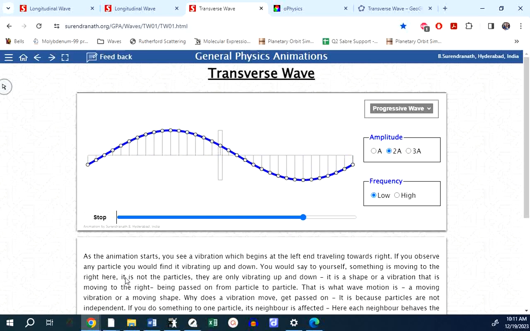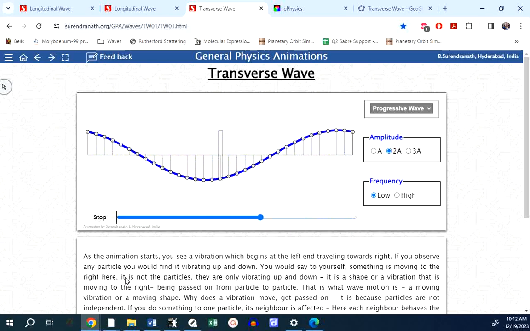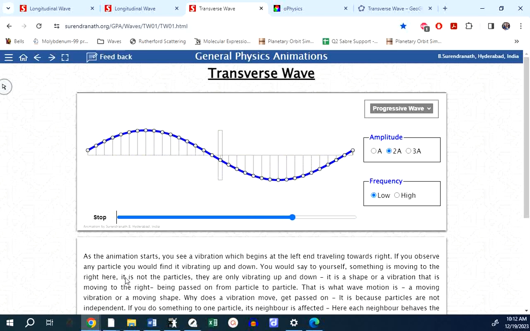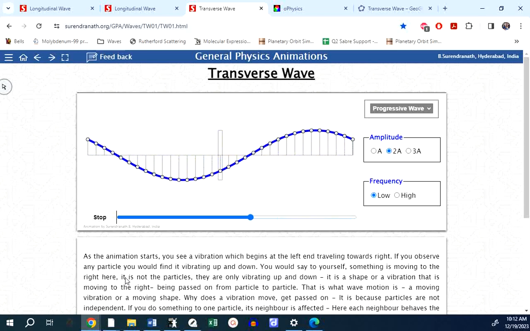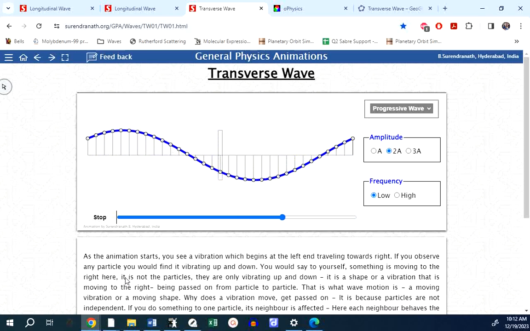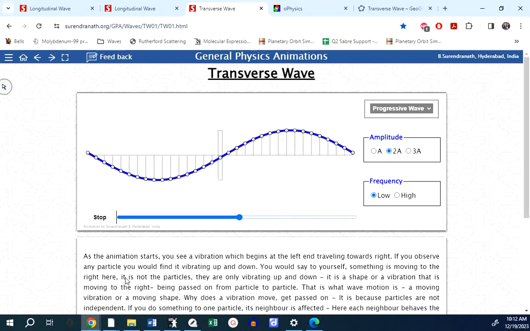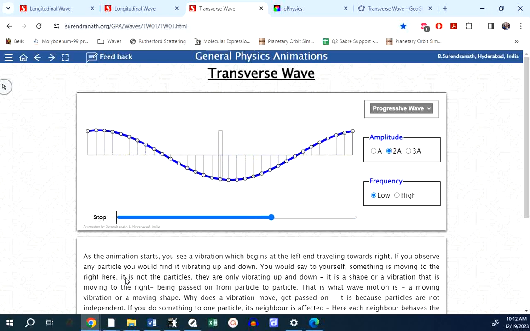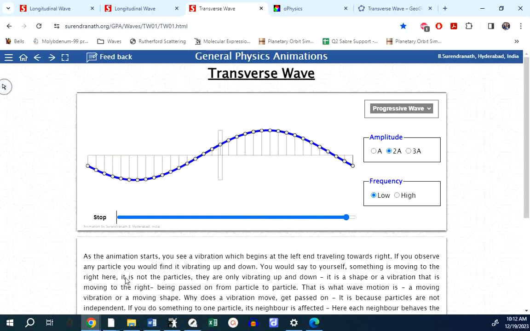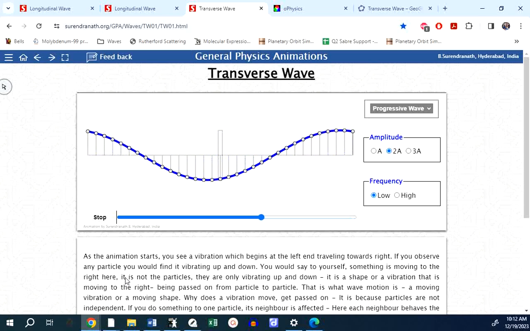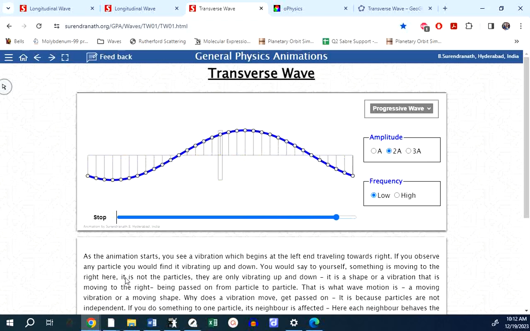How many of you can appreciate, though, that the length of time it takes that to go up and down is the length of time it takes the crest to go from here to here? It's the length of time it takes the wave to complete one wavelength. And this is really a better definition of period.